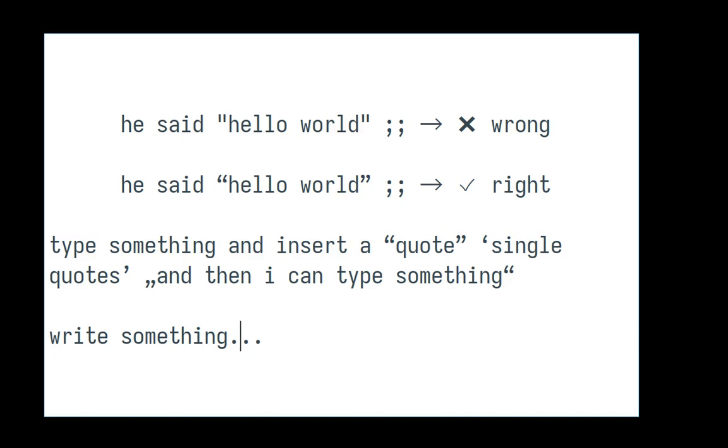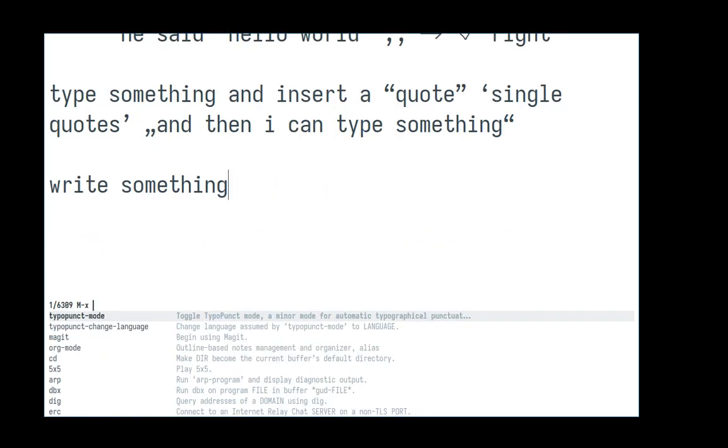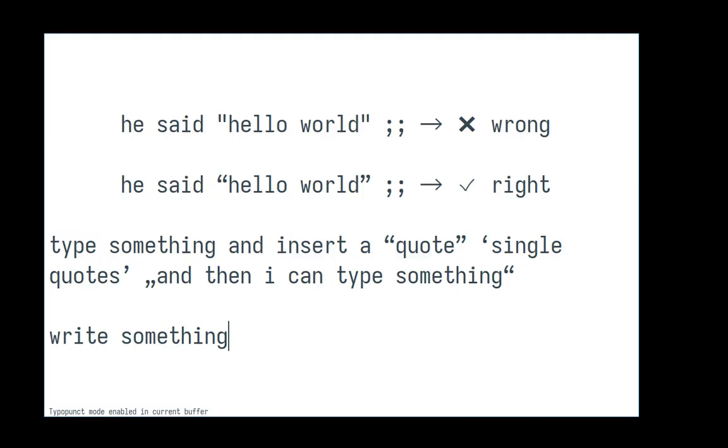That looks fine, I guess, but it's kind of wrong, technically speaking, because what you can do on a computer is use the ellipsis character, which is a Unicode character. If I turn typopunkt mode on again, and I now insert three dots, it gets replaced by this ellipsis character. So this is one character and not three.